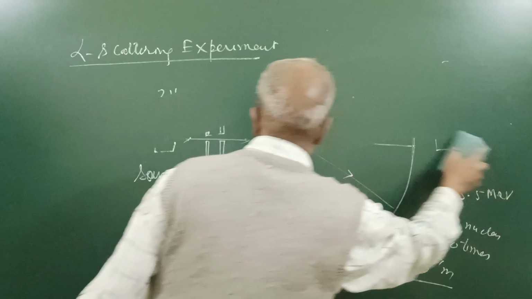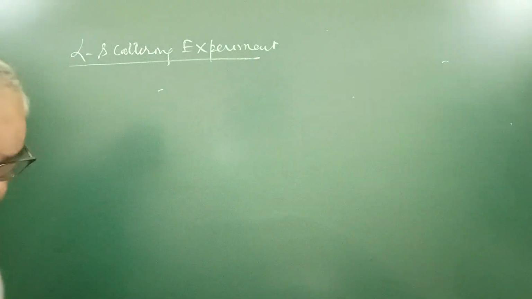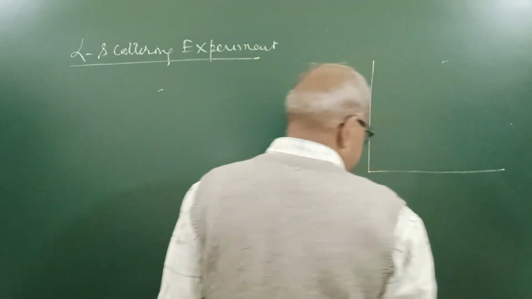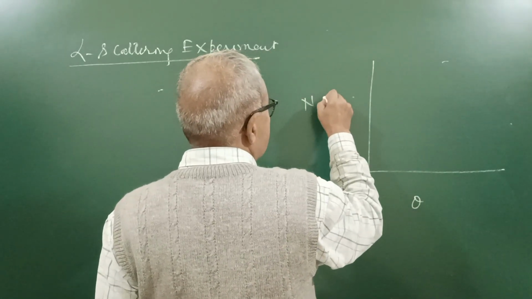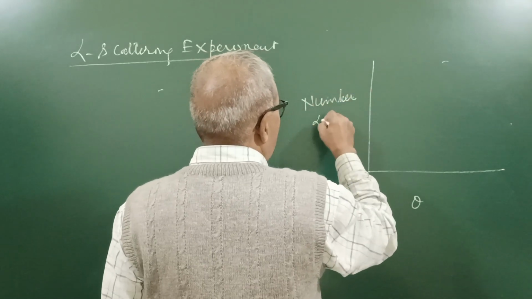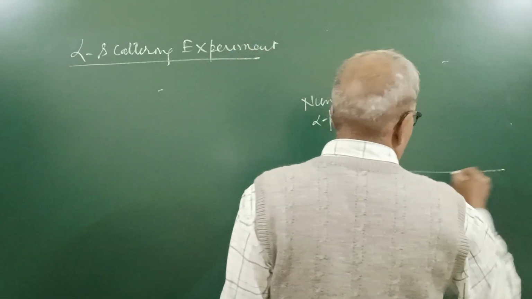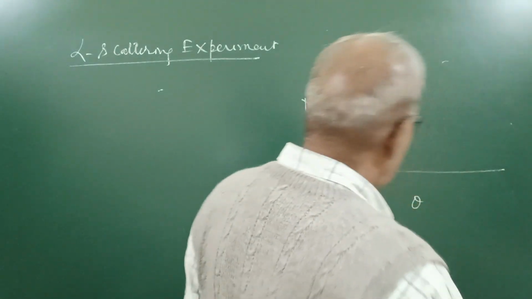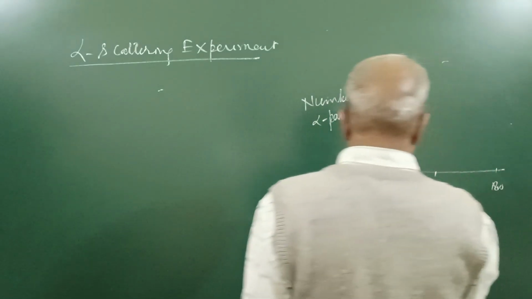Now I take here the observations. There is one diagram also: theta, the angle of scattering, versus the number of alpha particles. So here it is. Suppose 90 degree, 180 degree, 0 degree.